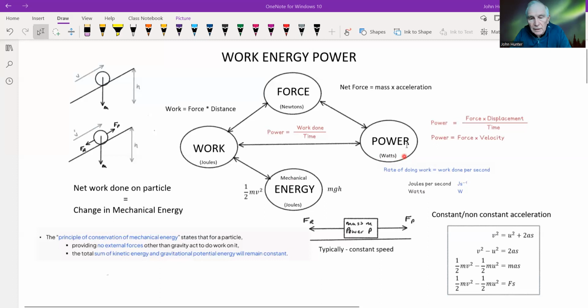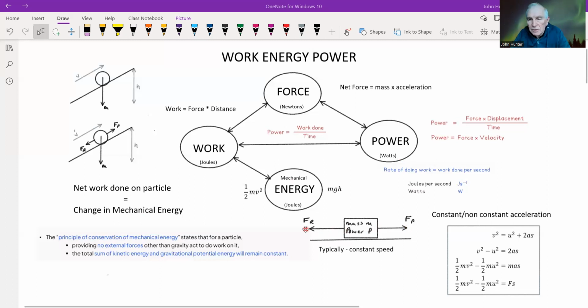Anyway, I'll leave that thought with you. But a very common scenario is we've got some particle, the mass and a certain power rating, 10 kilowatts or whatever. It's driving itself along.